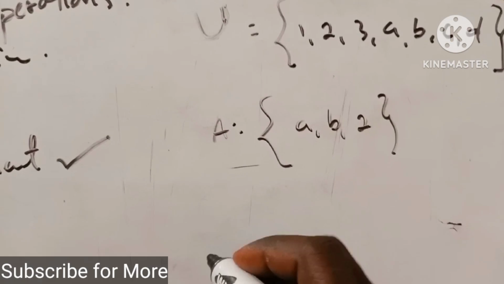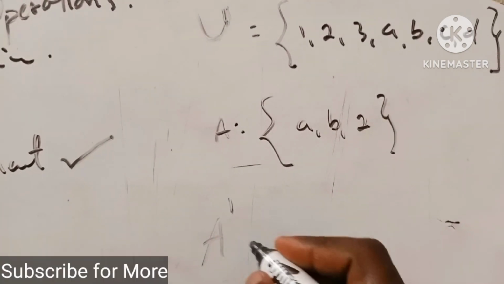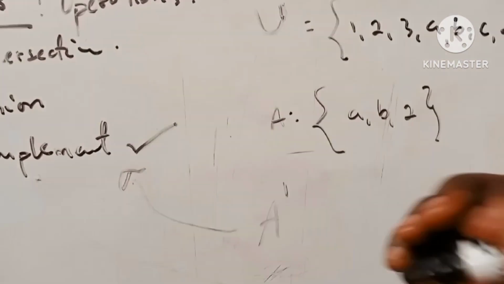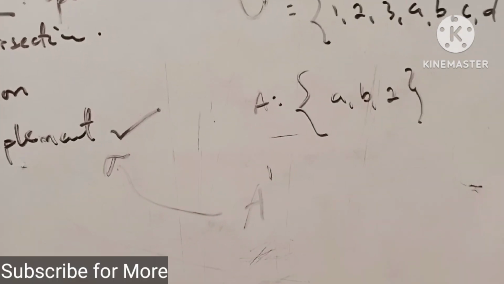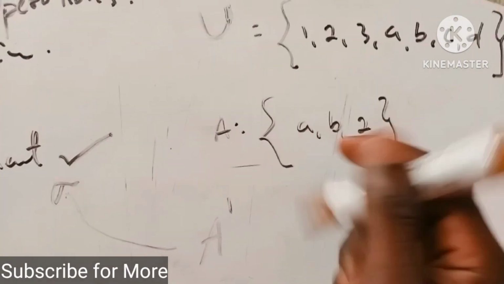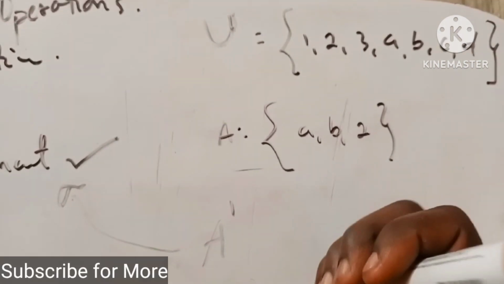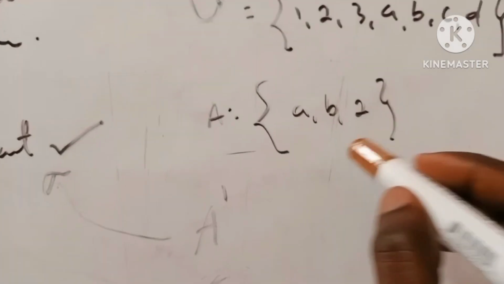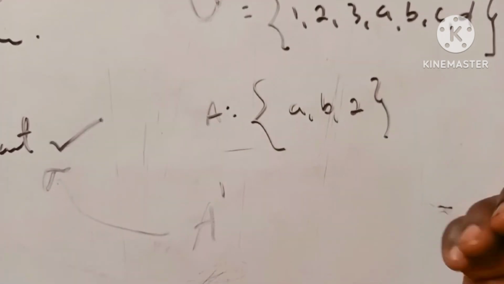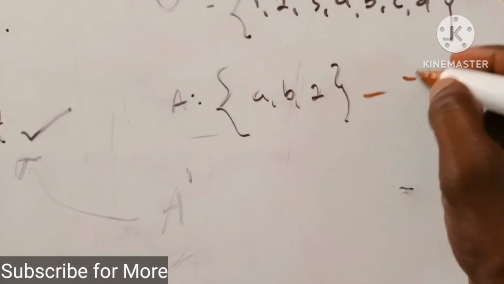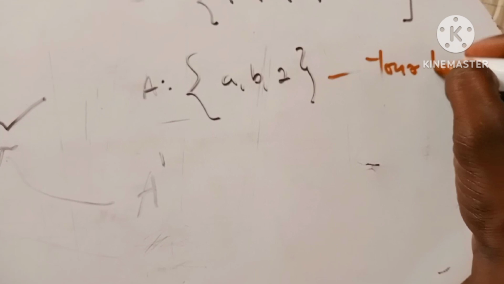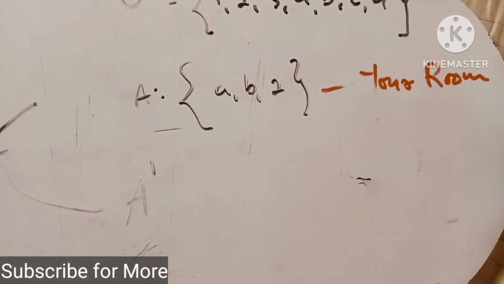Now we want to determine the complement of A. So what that English name means is that this is the room inside the house, right? So complement of A means anybody that is not inside this room. Now consider that this is your room, right? So maybe let's say you are 3 in the room.